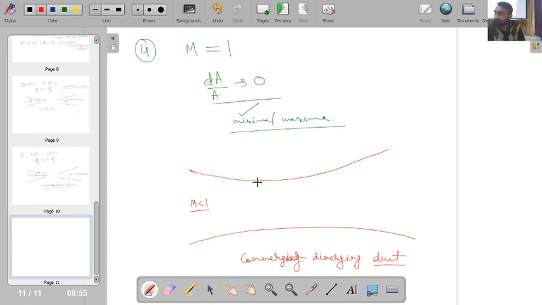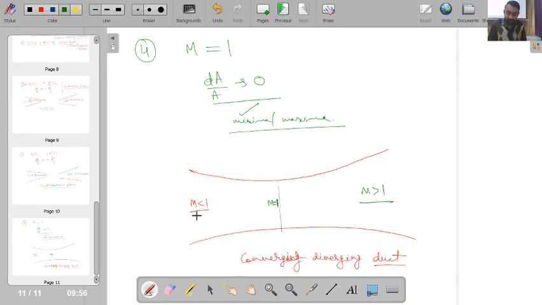Area is decreasing, so my velocity will keep on increasing, and my Mach number will keep on increasing. At some point I will get a situation where M equals 1, and after that M will be greater than 1, and if area is increasing, then M will keep on increasing, because now I have a supersonic situation. For a supersonic flow situation, if area increases, velocity also increases. So I will have Mach number greater than 1 here. This is the situation of a converging diverging duct.